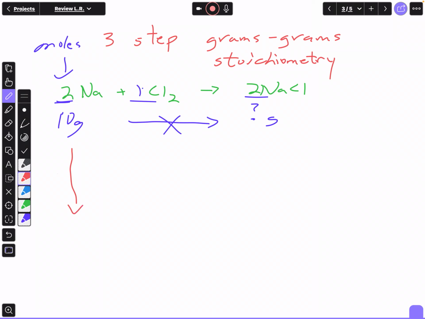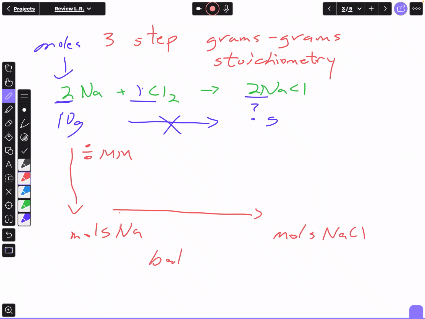First, my first step down through here, I have to divide by the molar mass, and that would give me moles of Na. My next step would be to go from moles of Na to moles of NaCl. That's when I would use my balanced equation.